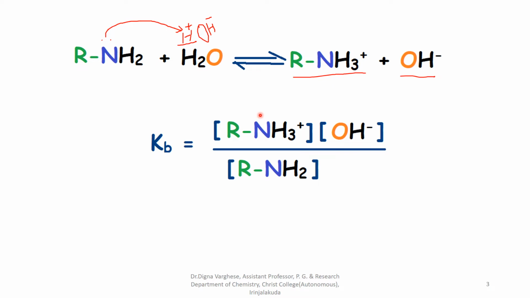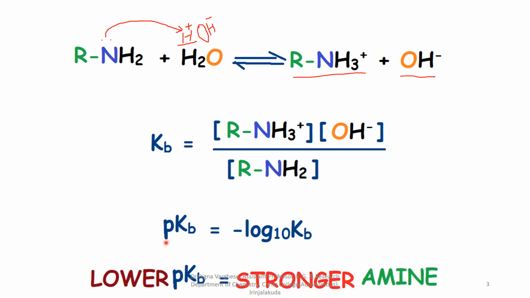The greater the value of Kb, the stronger is the basic character. The lower the value of pKb, that is minus log to the base 10 of Kb, the stronger is the basic character of the amine. Higher Kb means a stronger amine, and lower pKb also means a stronger amine.